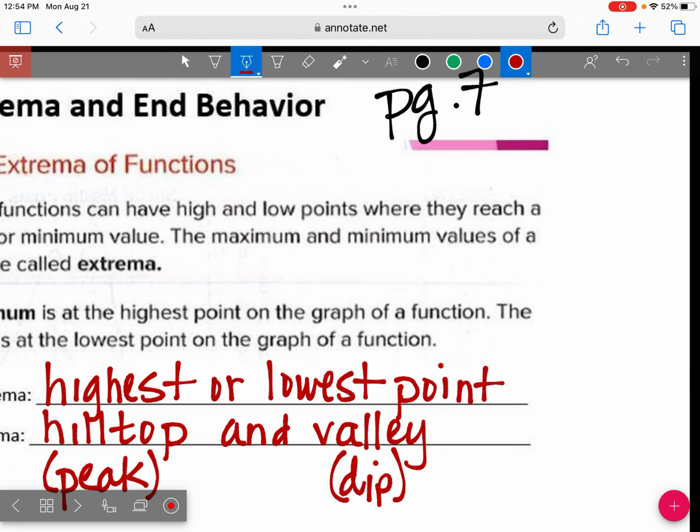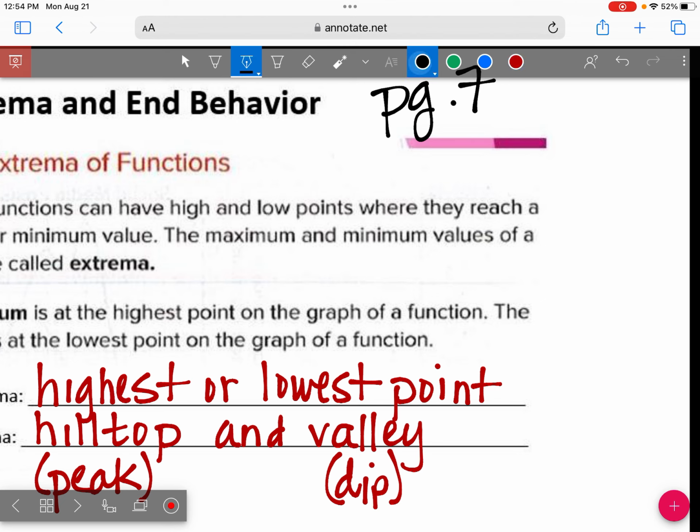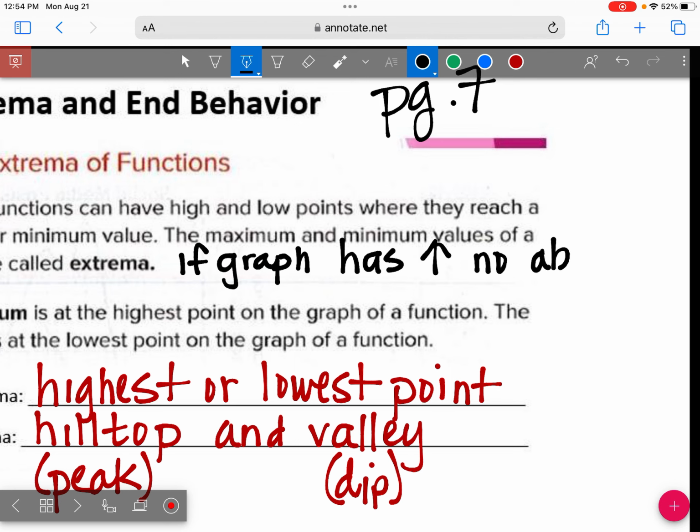I don't know where we can squeeze this off to the side, but let me write this out. I'm gonna squeeze it in here. If the graph has an up arrow, that means it has no absolute max.